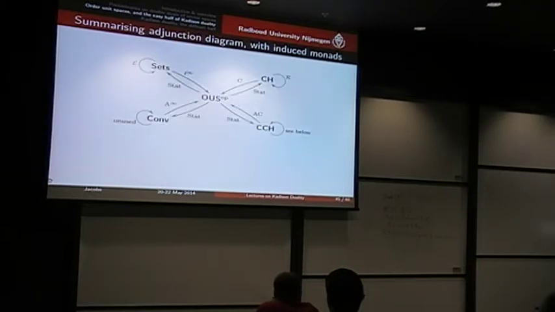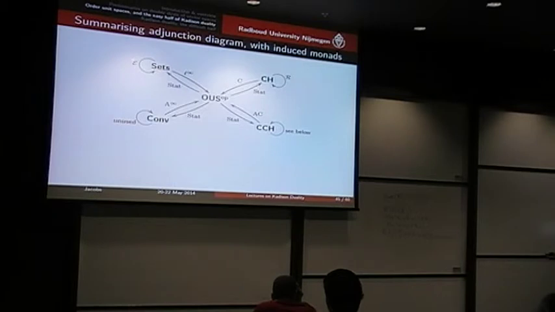So the situation can be summarized like this. I have a category of order unit spaces in opposite form in the middle, with adjunctions with sets, with convex sets, with compact Hausdorff spaces, convex compact Hausdorff spaces. And this nicely sums up what I've done so far, but a bit more can be obtained like this.